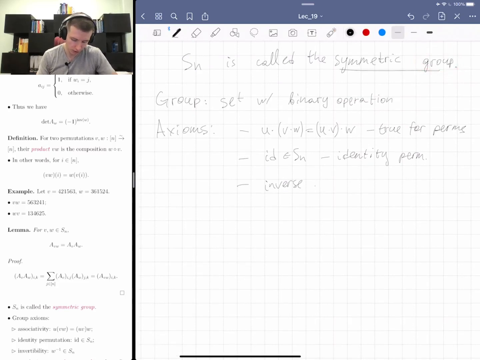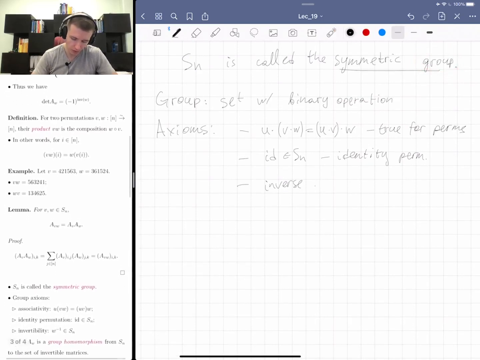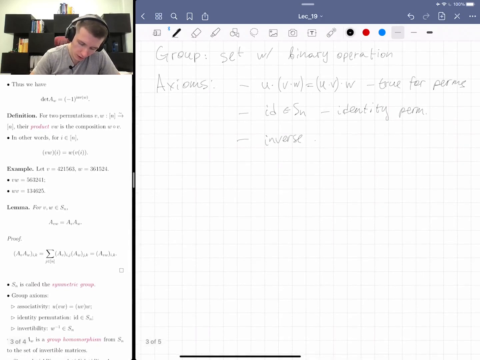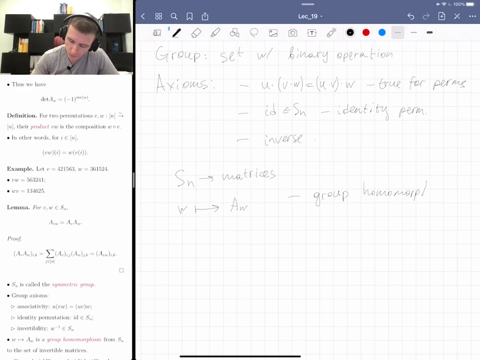And in particular, if you send permutations to matrices, you send W to A sub W, that is a group homomorphism. A group homomorphism is a map which respects the products, right?